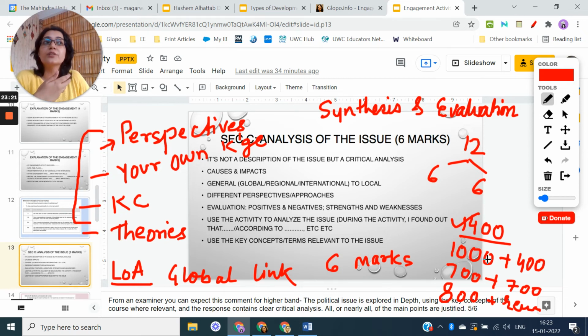Then you read about the interest of the candidate, the interest of the journalist, why the journalist was interested to write about that report. Then you see the connection to the course. Then you see what the student did to collect the data, and then what the analysis is, what the evaluation or the impact at the wider level is.